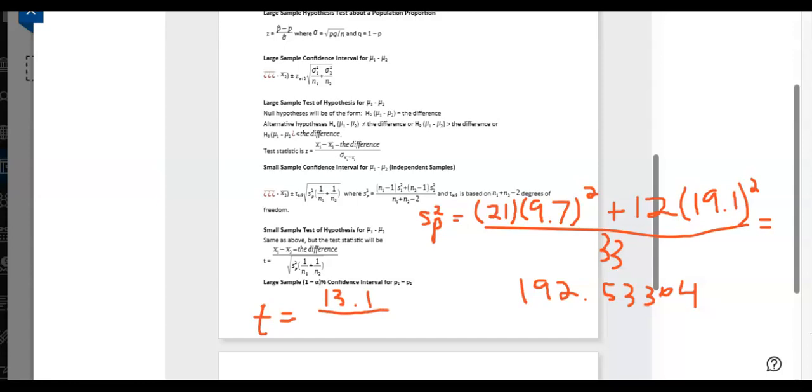All right, now on the bottom, we want this variance that we just got right here, and then 1 over the first sample size, which was 22, and 1 over the second sample size, which was 13. I apologize for my bad first grader like handwriting on the screen.